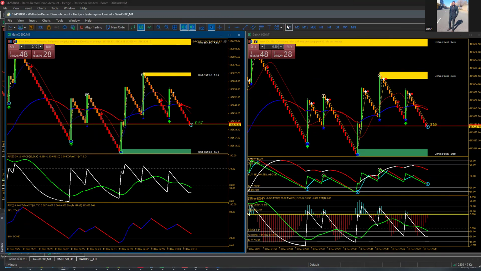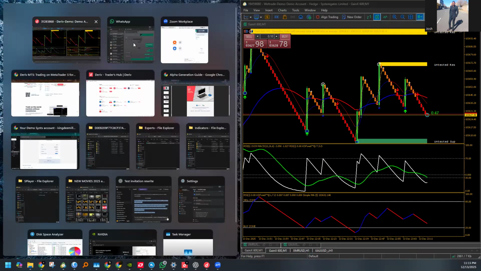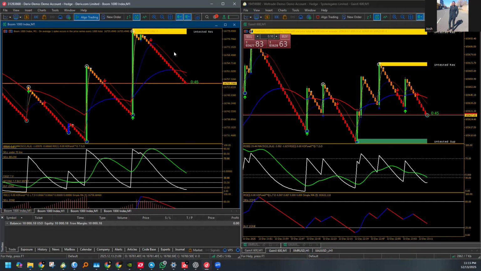So now, my main focus right now, I haven't really had that much time to put them side to side. I haven't really had that much time to pay attention between for Deriv Boom and Crash, yes, I know.